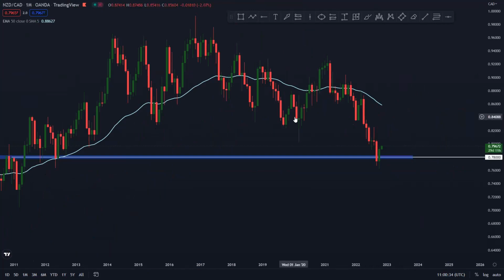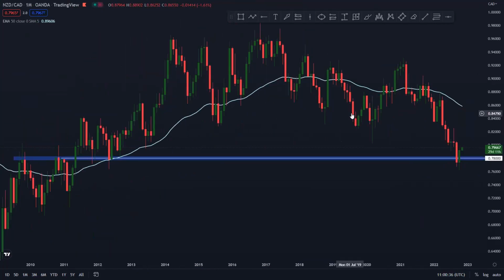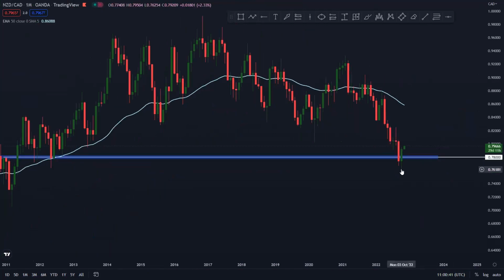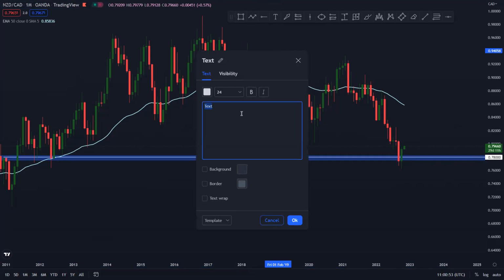So price came into a monthly key level, 0.78 thousand. So I'm trying to build myself a case study here.